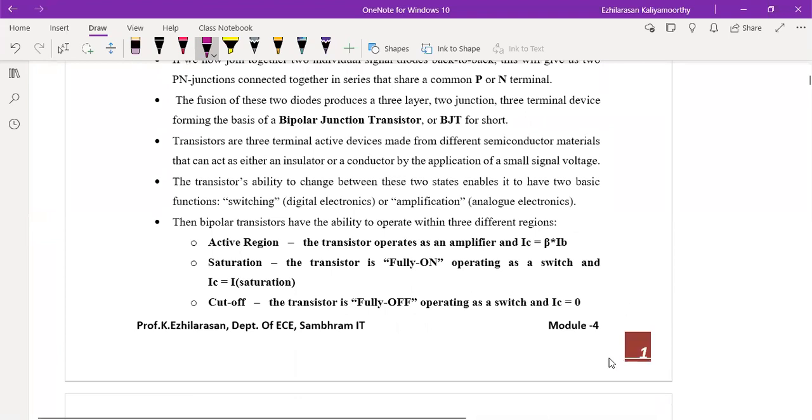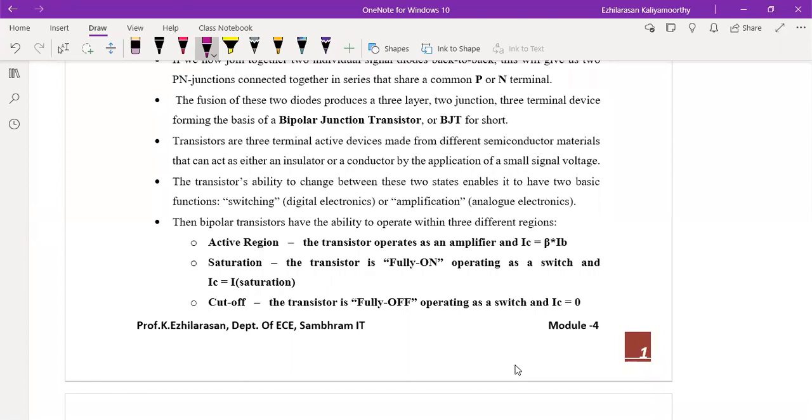The BJT has the ability to change between two states: one is that the transistor will act as a switch, the second is that the transistor will act as an amplifier also. We want to know when this transistor will act as a switch, and when it will act as an amplifier.